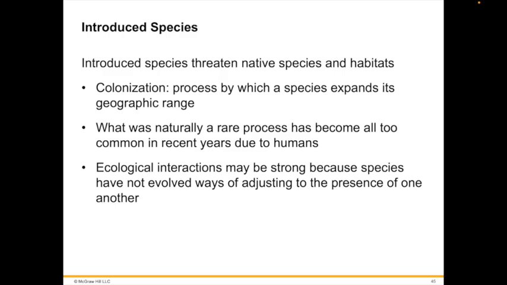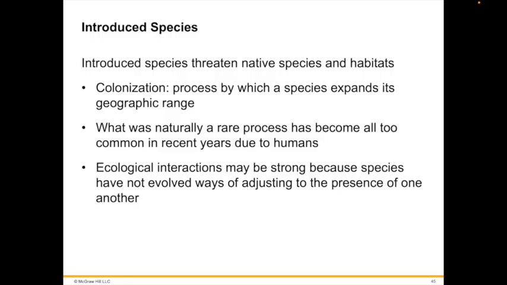The reason is that colonization brings together species with no history of interaction. Consequently, ecological interactions may be particularly strong because the species have not evolved ways of adjusting to the presence of one another, such as adaptations to avoid predation or minimize competitive effects.